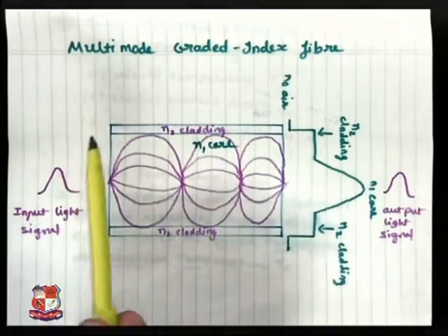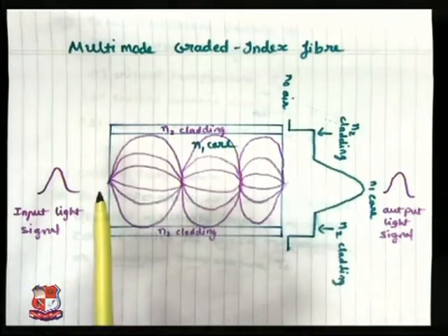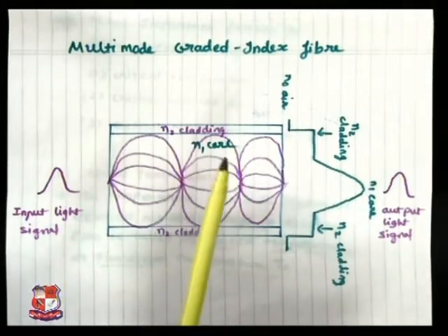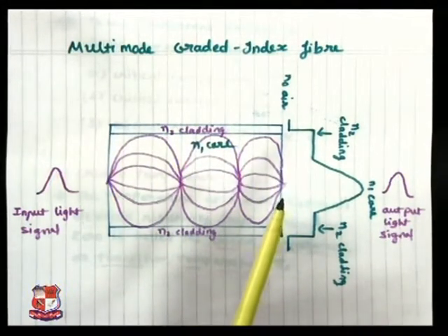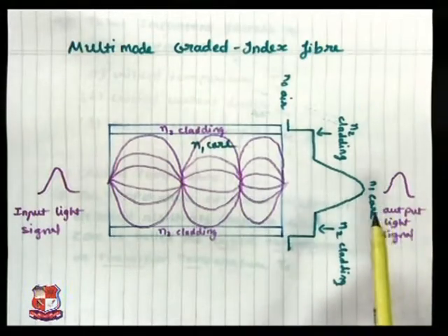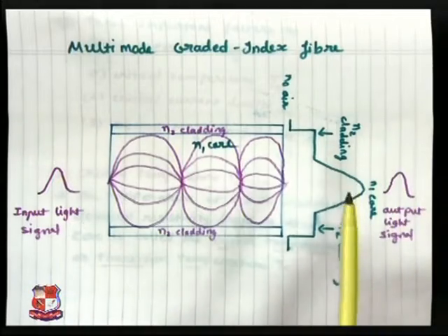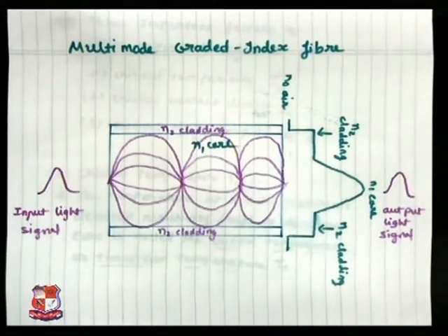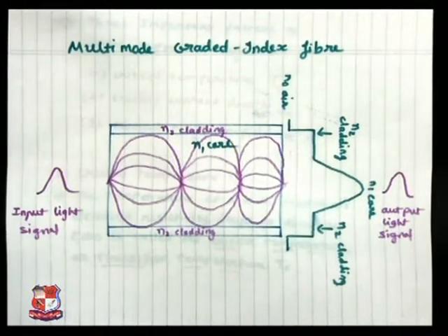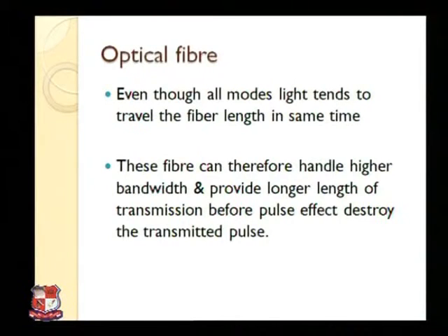That means you can see that the light is traveling in a sinusoidal path. So in the output there will be no variation in time, and the output will be of less dispersion. We can just move towards the slide.